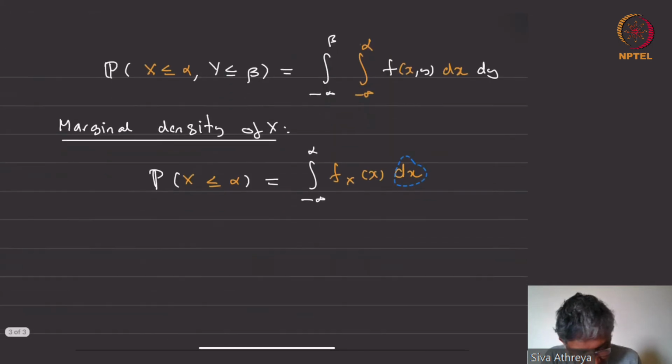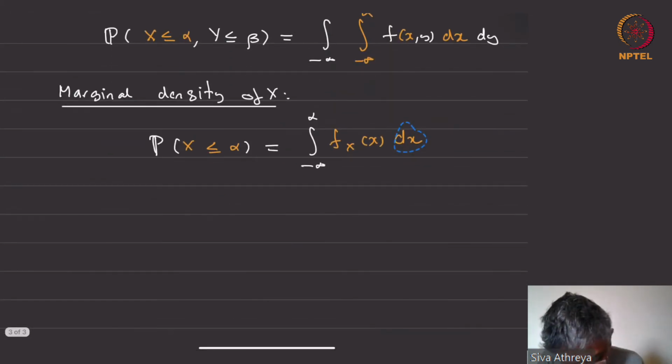One way to do it is that you can differentiate this, letting beta be infinity and differentiating with respect to alpha. We can do that. Or we also know from our earlier learnings that the marginal density is just the integral over the other variable. So let's just do that.